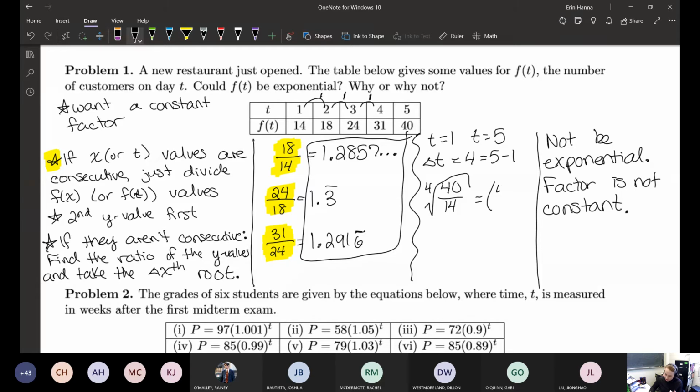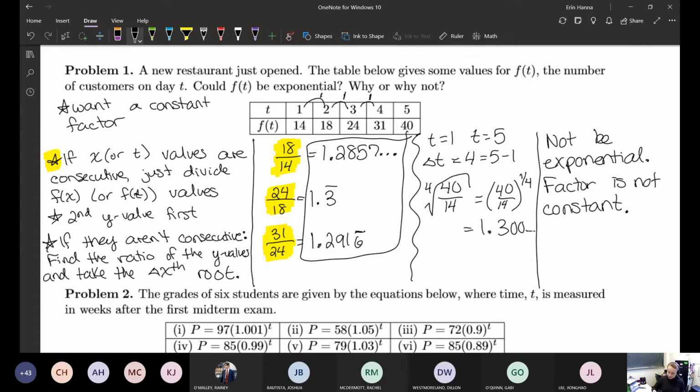Now, if you're trying to type this into a calculator, there is a way to actually put in the root, but it is equivalent to a fractional exponent of 1 over the power of the root. So if you take your calculator and you say 40 divided by 14 to the 1/4 power, it's the same as the fourth root. This would be 1.3. 1.300 and so on, but 1.3.